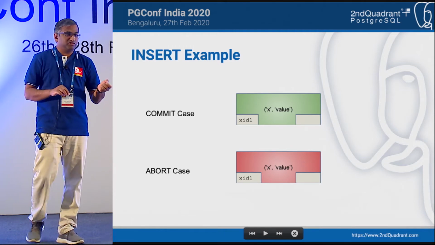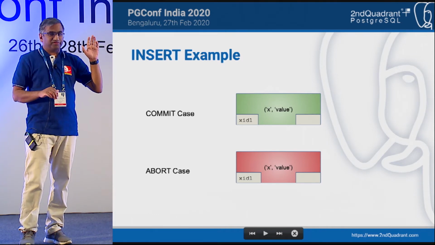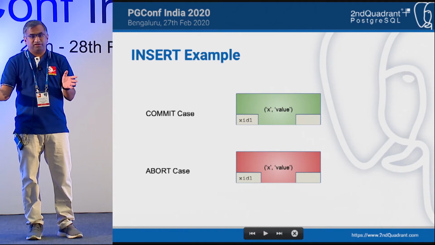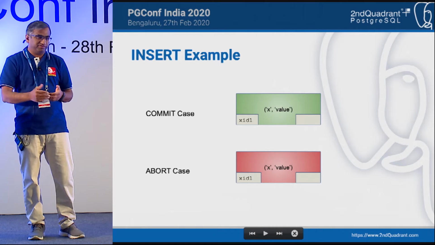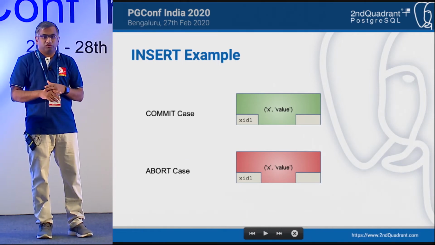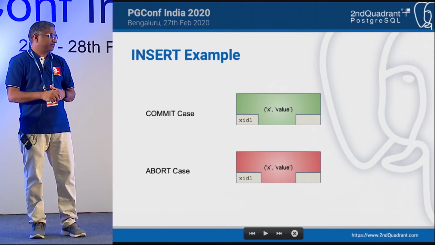In both, a new version was created in the database. Now, if the insert finally committed, then you want that row to be visible to everyone eventually, if not immediately. Whereas if the insert was aborted, that row version should not be seen by anyone at any time.